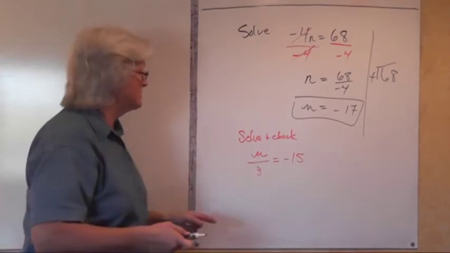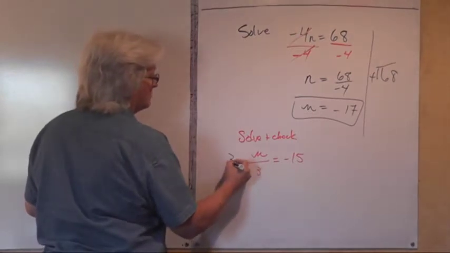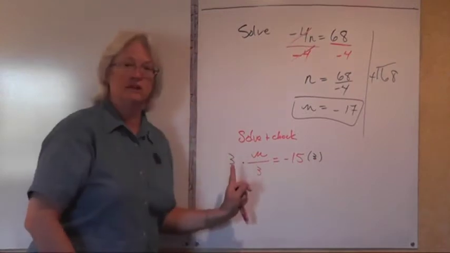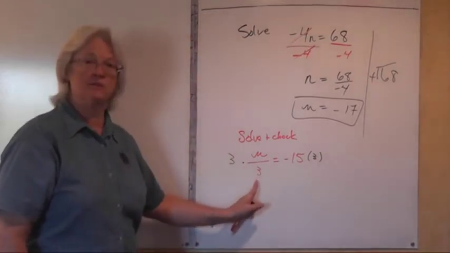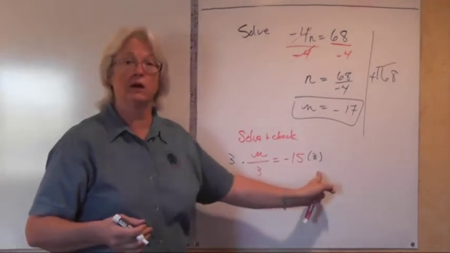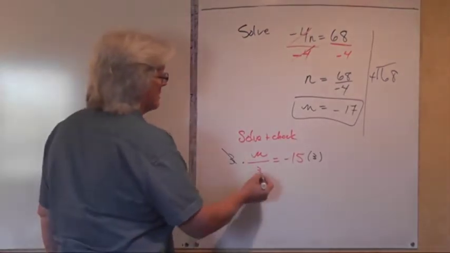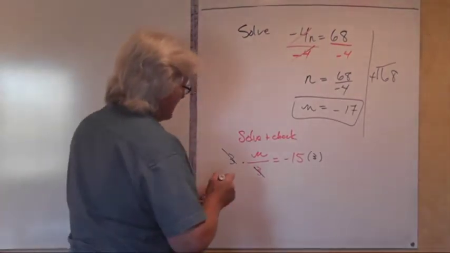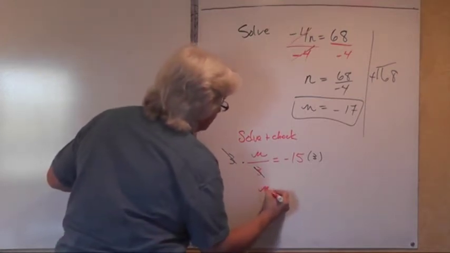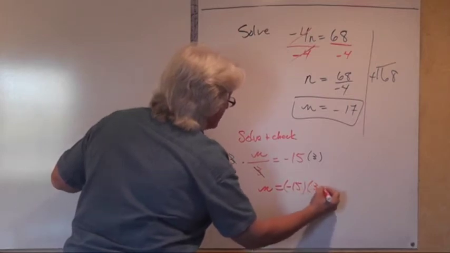The inverse of division is multiplication. We want to multiply the left-hand side of the equation by positive 3. To keep our equation in balance, we also multiply the right-hand side of the equation by 3. We cancel common factors, and we have n is equal to negative 15 times a positive 3.